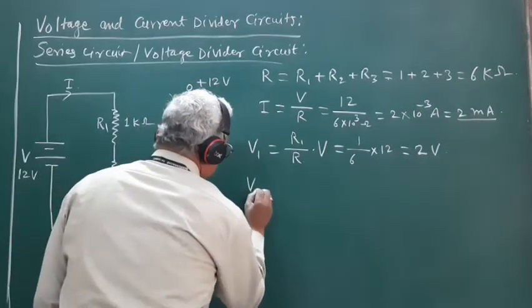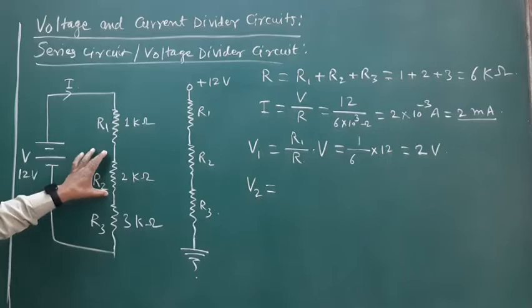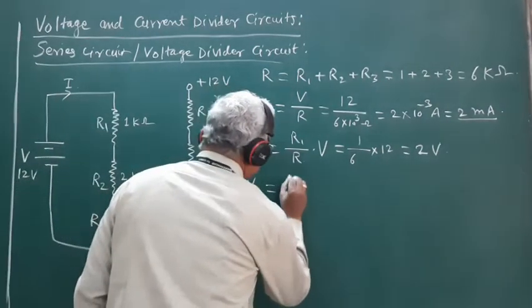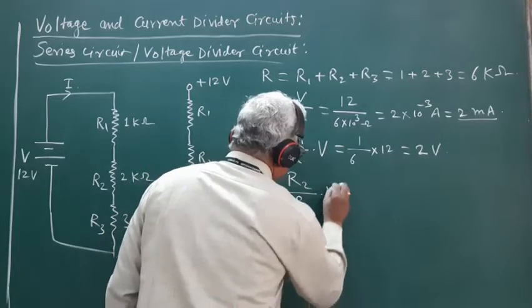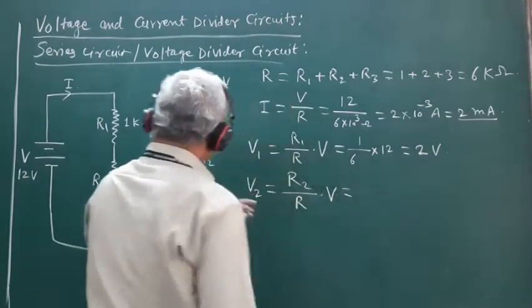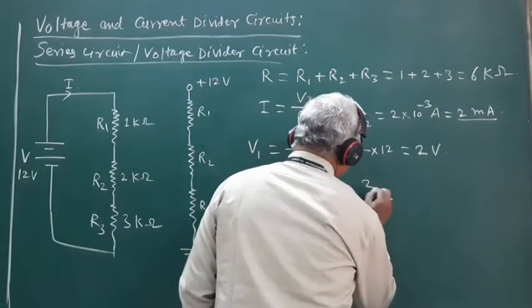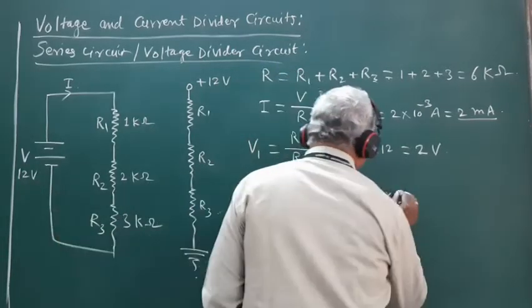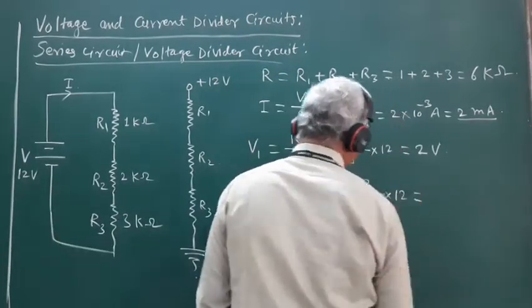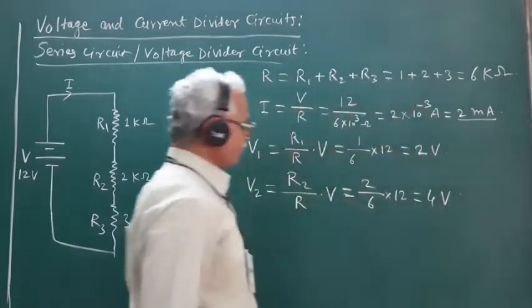Similarly, we can find out the potential drop across the second resistance R2 in the combination, and V2 is equal to again R2 upon R multiplied by V, the applied voltage. R2 is 2 kilo ohm, so this is equal to 2 upon 6 multiplied by 12 volt. So this is equal to 4 volt.